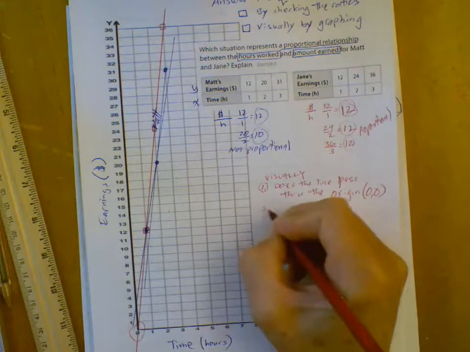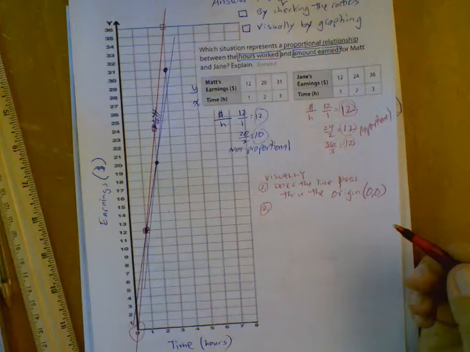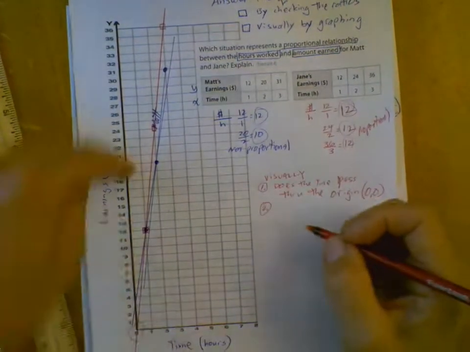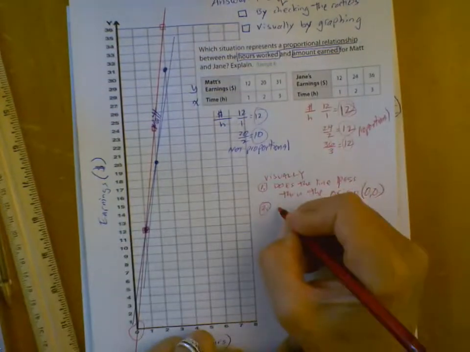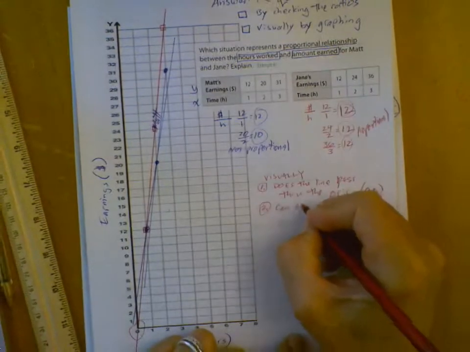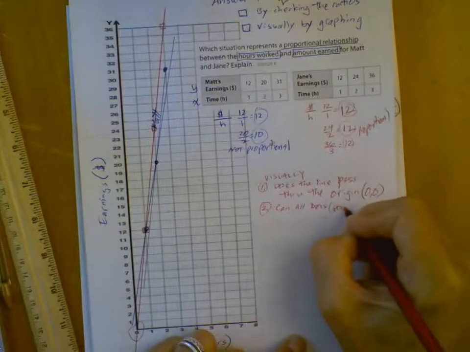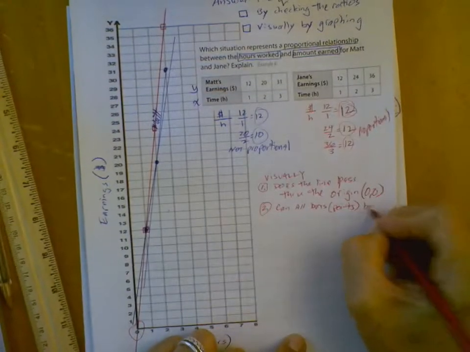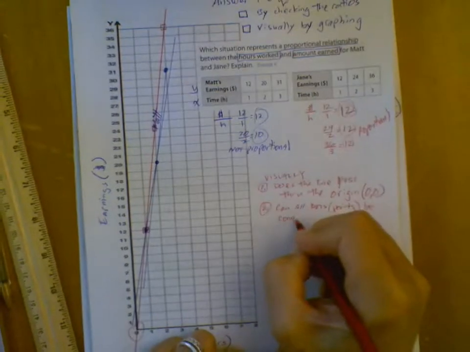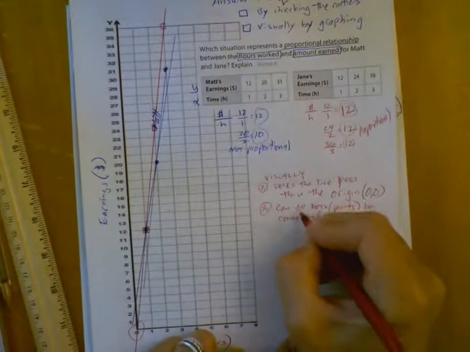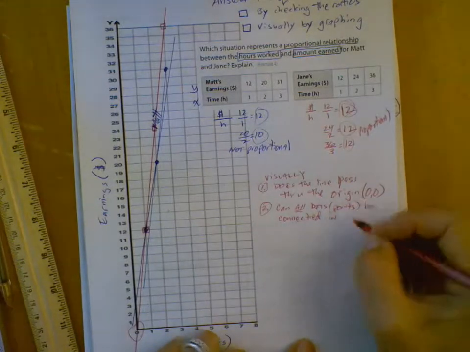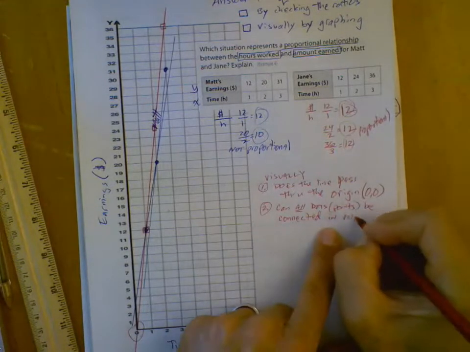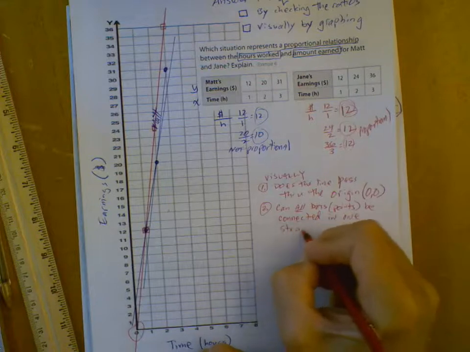The other detail we're looking for is, can all points be connected in a straight line? And for Jane, it looks like it, right? All the dots can be connected in one straight line. And for Jane, we can say that.